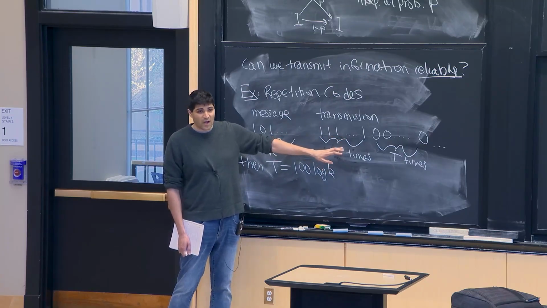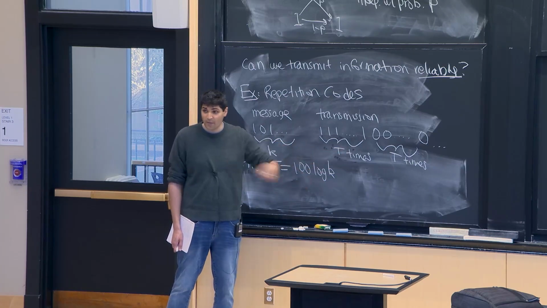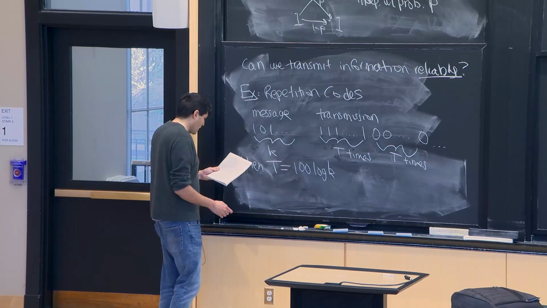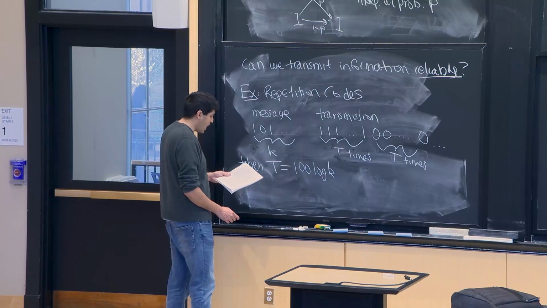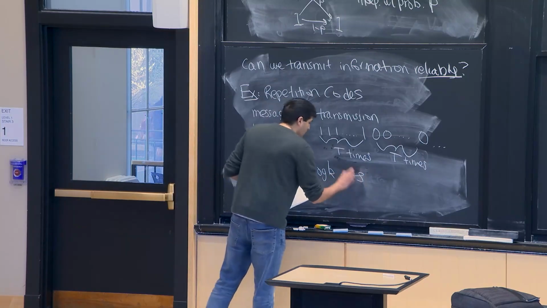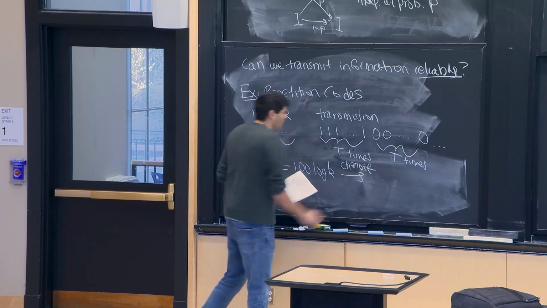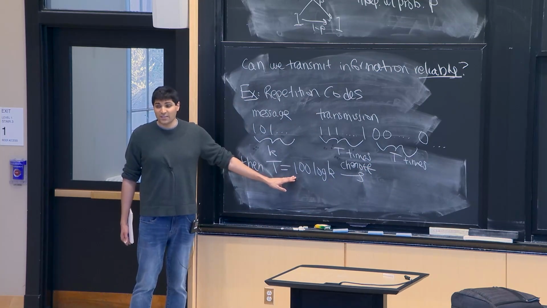So are there any ideas for how I could hope to get sharper bounds on how much I need to increase the padding by? Yeah? Chernoff, that's right. The key point is that if I have this repetition code and I do it 100 log k times, I can use the Chernoff bound. Remember, the way to think about the Chernoff bound is that the error exponent goes down exponentially in the number of independent samples you're taking.